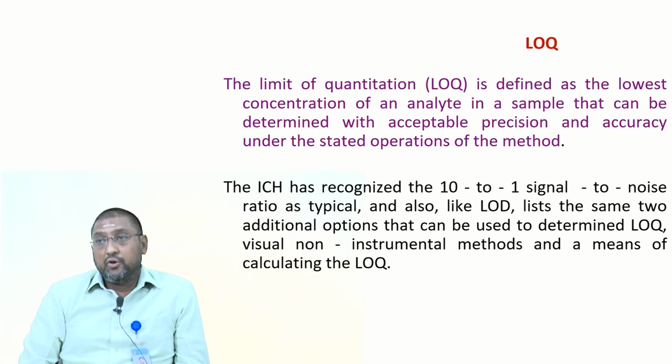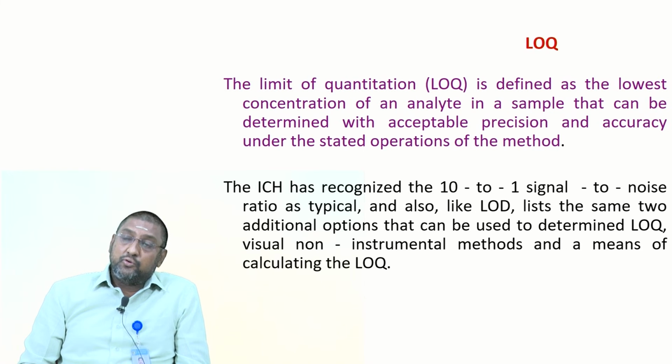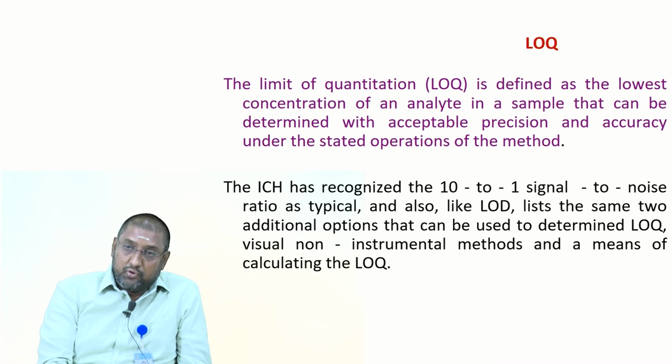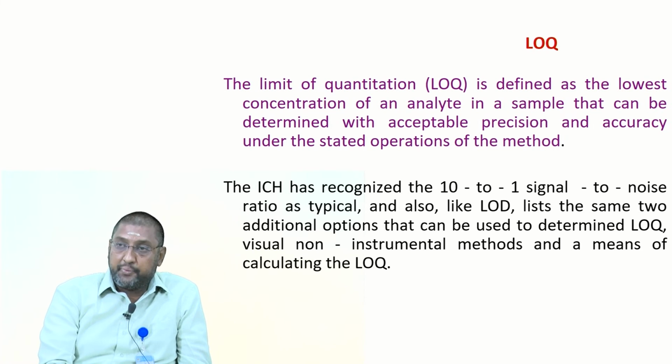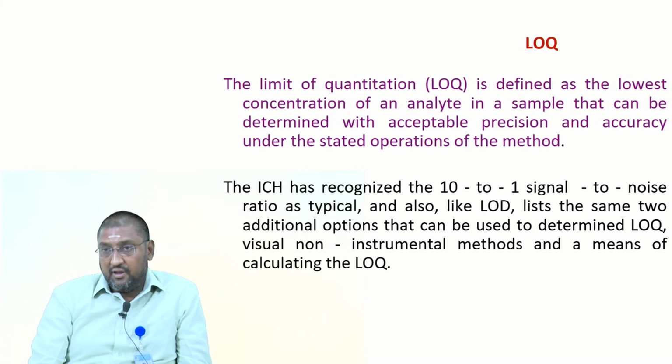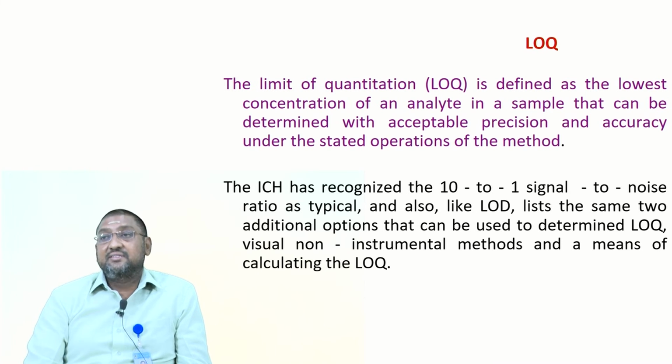So, what is LOQ? Limit of quantification. In the same way, in the next step: LOD means you can find the peak, but you are not able to calculate the area. If you slowly increase the concentration of the sample from 0.1 to 0.2 ppm, at 0.2 ppm it shows the peak as well as the area; that is the LOQ.